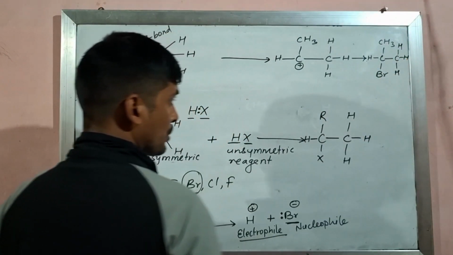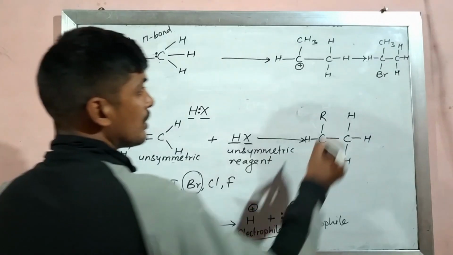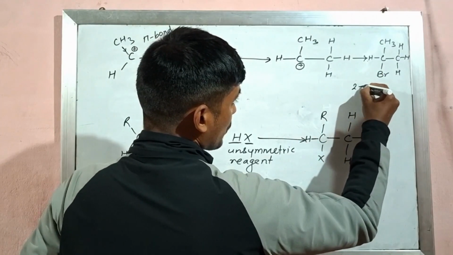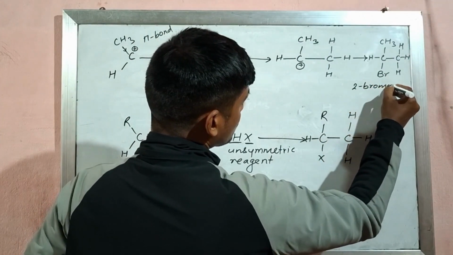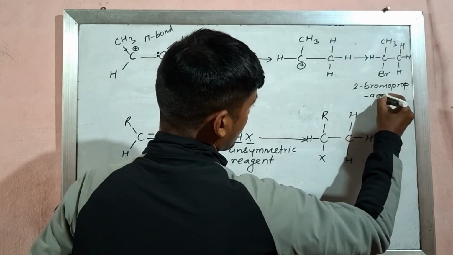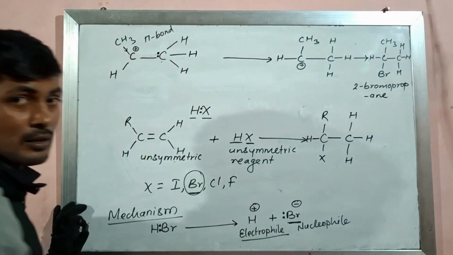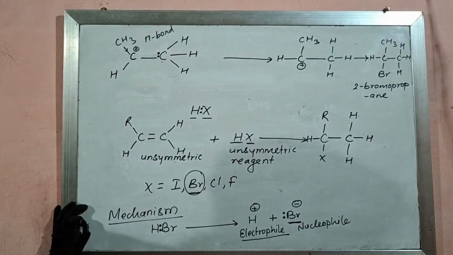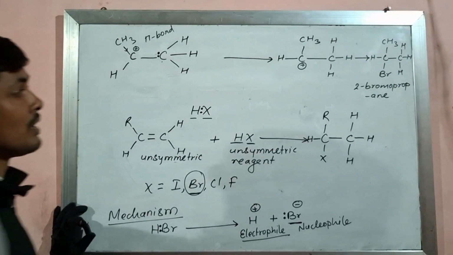This structure is known as what? 2-bromopropane. 2-bromopropane is formed.